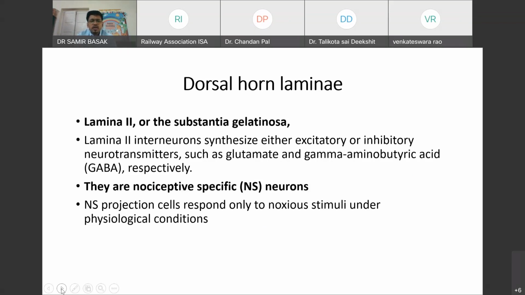For excitatory there is glutamate, for inhibitory there is GABA, gamma aminobutyric acid. They are the neurotransmitters. There are nociceptive specific neurons in the superficial part of lamina 2. They only carry noxious stimulation, not touch or pressure sensation, only pain sensation.